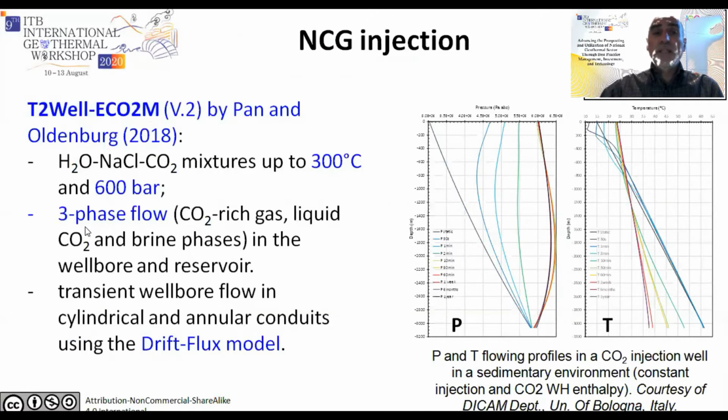It can model three-phase flow, phases of CO2-rich gas, or liquid CO2 and brine, both in the wellbore and the reservoir, and transient wellbore flow in cylindrical and annular conduits using the drift-flux model. This is just an example of flowing pressure profiles and flowing temperature profiles in the injection well.